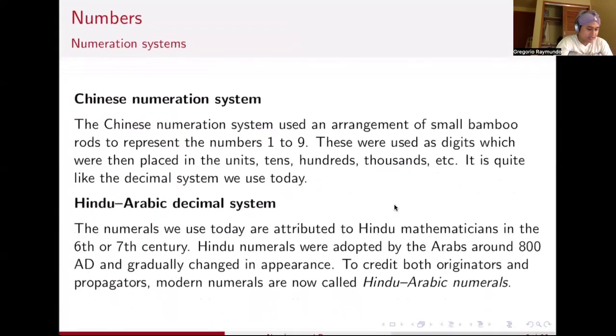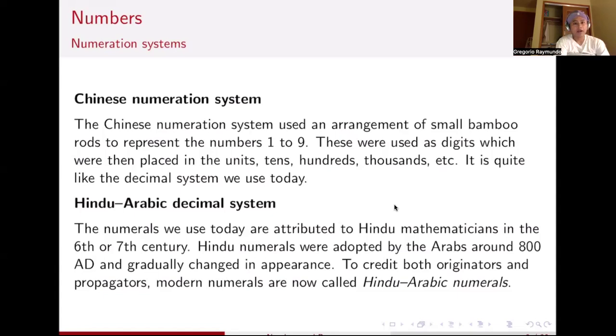Next, the Chinese numeration system and the Hindu-Arabic decimal system. The Chinese numeration system uses an arrangement of small bamboo rods to represent the numbers 1 to 9. These were used as digits which were then placed in the units, tens, hundreds, thousands, etc. It is quite like the decimal system we use today.